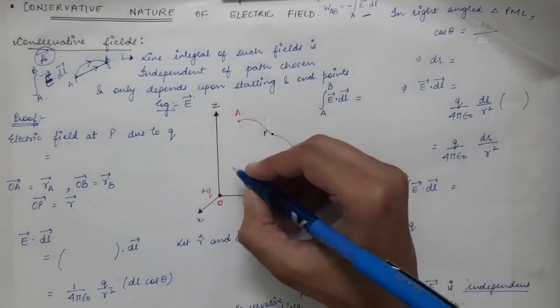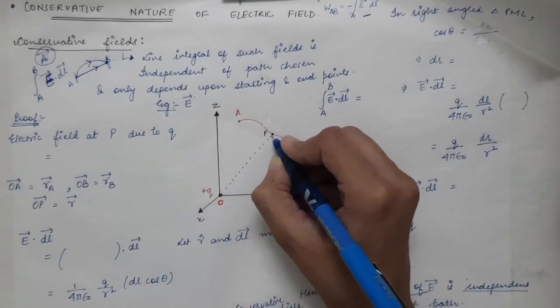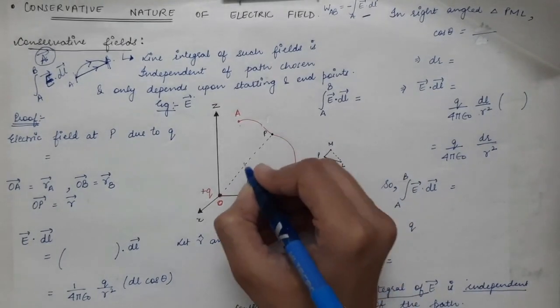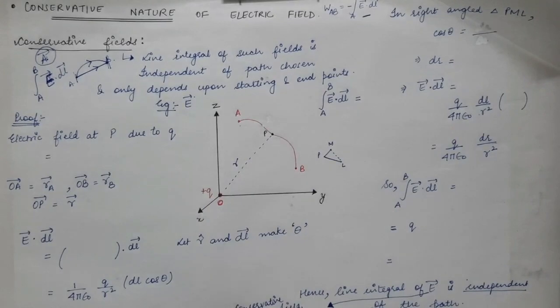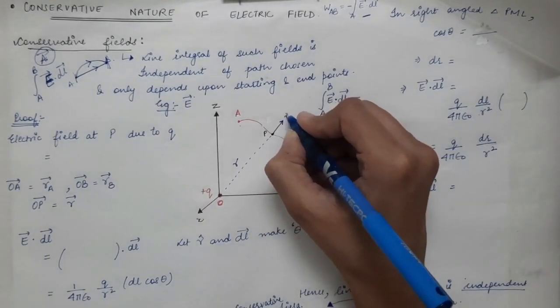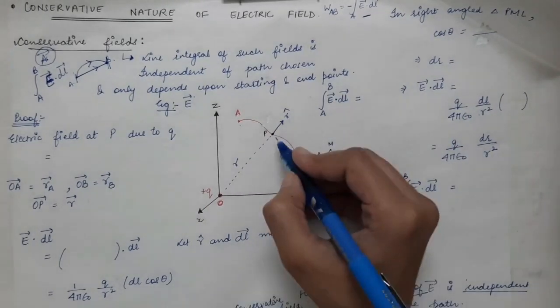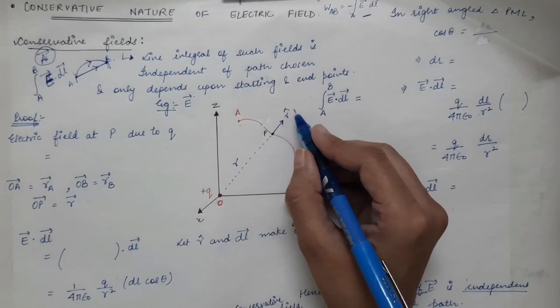That will depend upon the distance of the observation point from the source charge. So let's say this distance is equal to small r. This direction, the radial direction, is nothing but r cap.